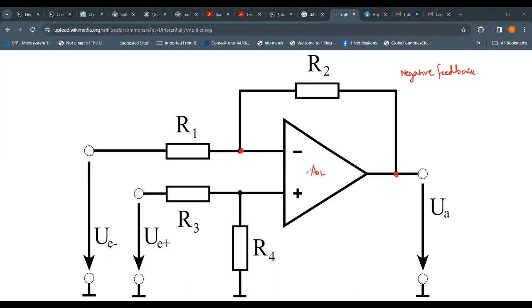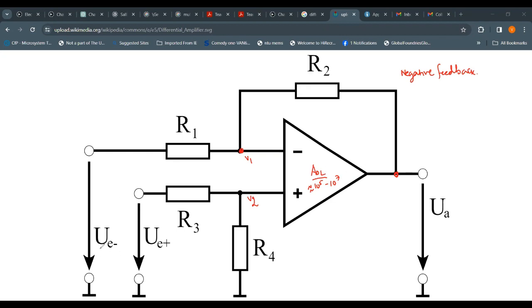With that said, let's analyze this circuit again. This is V1, this is your V2. AOL is the open loop gain, which is in the range of 10 to the power 5 to 10 to the power 7 approximately. So it's very high. And we'll see how having such a high gain helps us to simplify the analysis of the circuit.